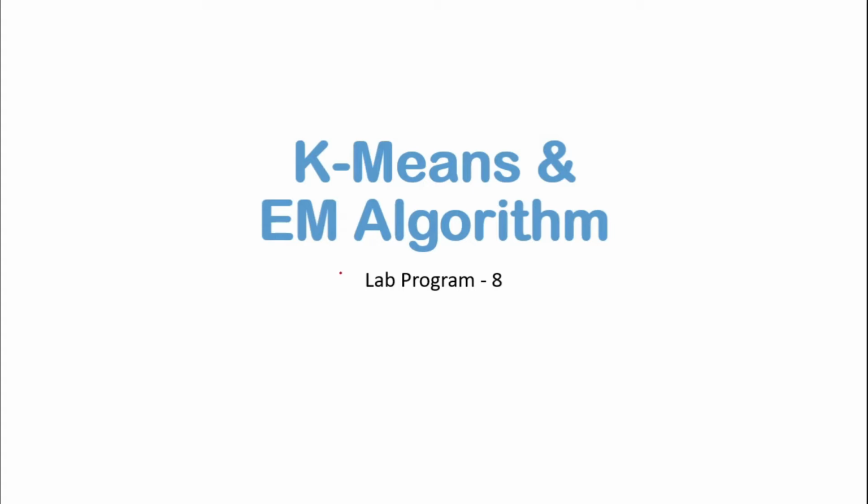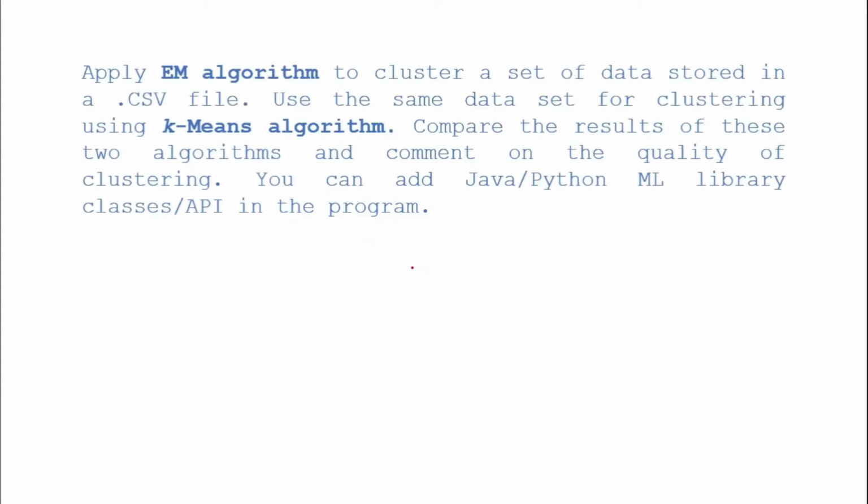And now we are into the 8th machine learning program, that is KMeans and EM algorithm. And the problem is: apply EM algorithm to cluster a set of data stored in a CSV file.